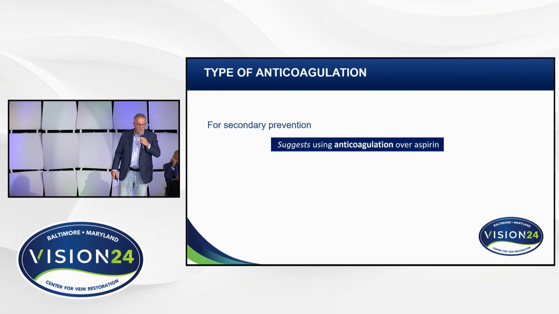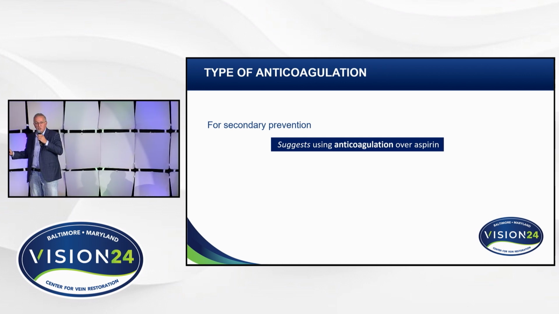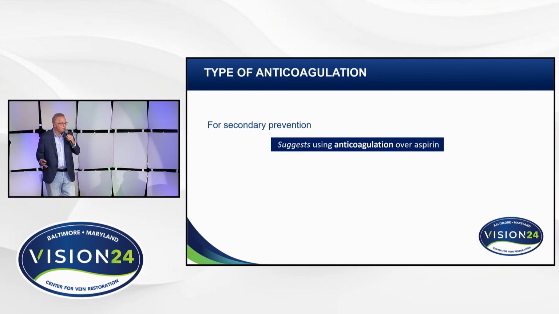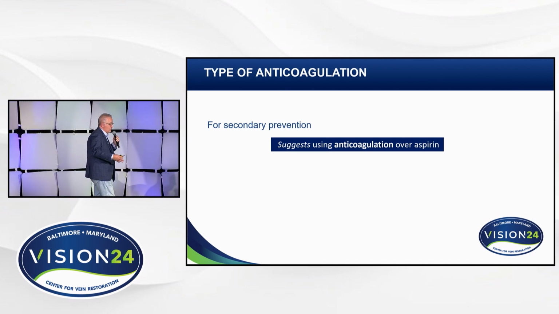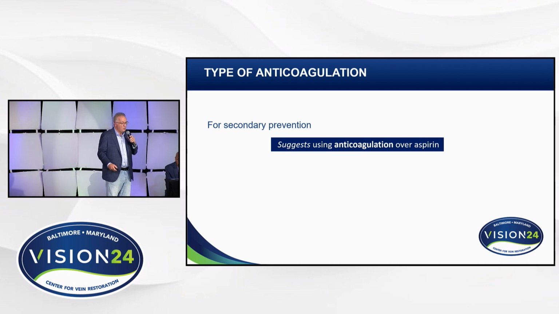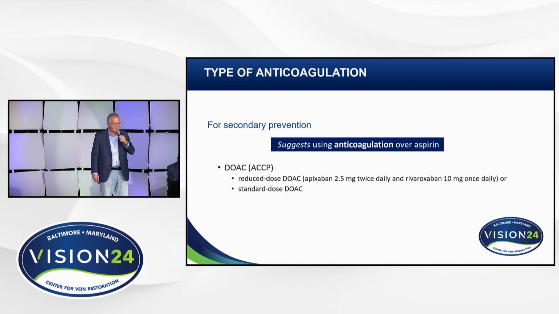So for secondary prevention, in the past we used to say, okay, after your primary treatment, start on an aspirin to prevent recurrent thrombosis. Both guidelines recommend anticoagulation over aspirin. In the chest guidelines, the recommendation is a DOAC.